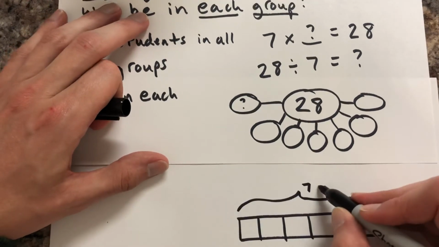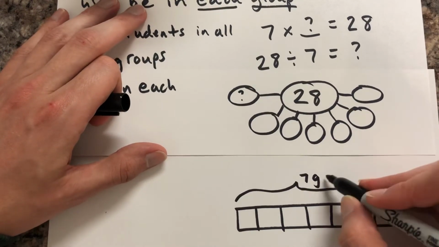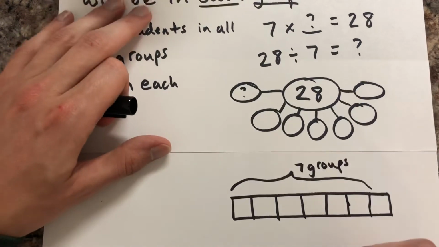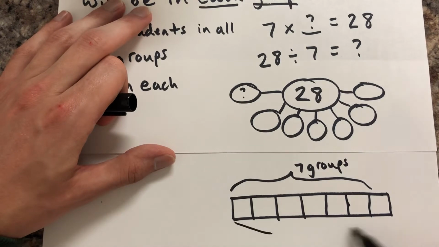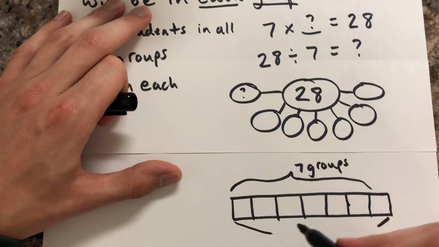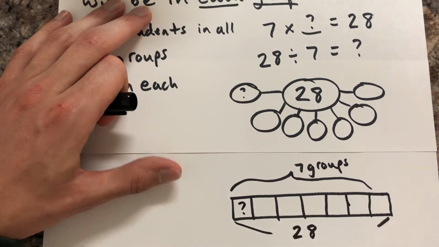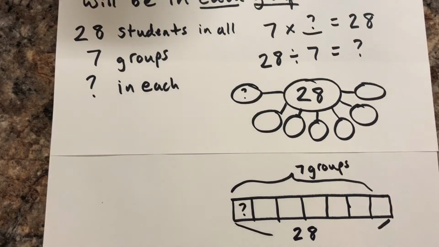And I know the total is 28. But I don't know how many goes in each, right?